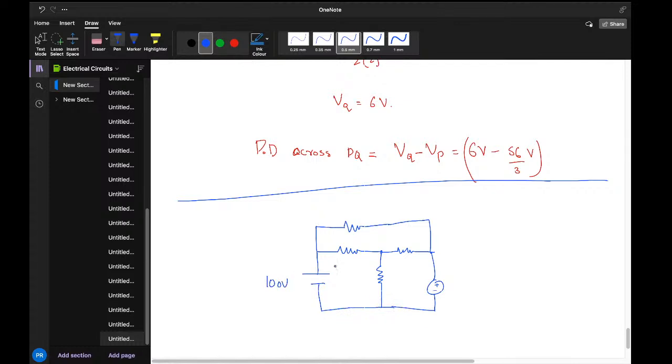So this is 100 volts out here, this is 14 ohms, this is 1 ohm over here, this is 2 ohms over here, this is 40 volts, and the resistance this is R. So here we are interested in finding the value of resistance, or sorry, aim is to find this value over here. Let's just call this point as V over here.